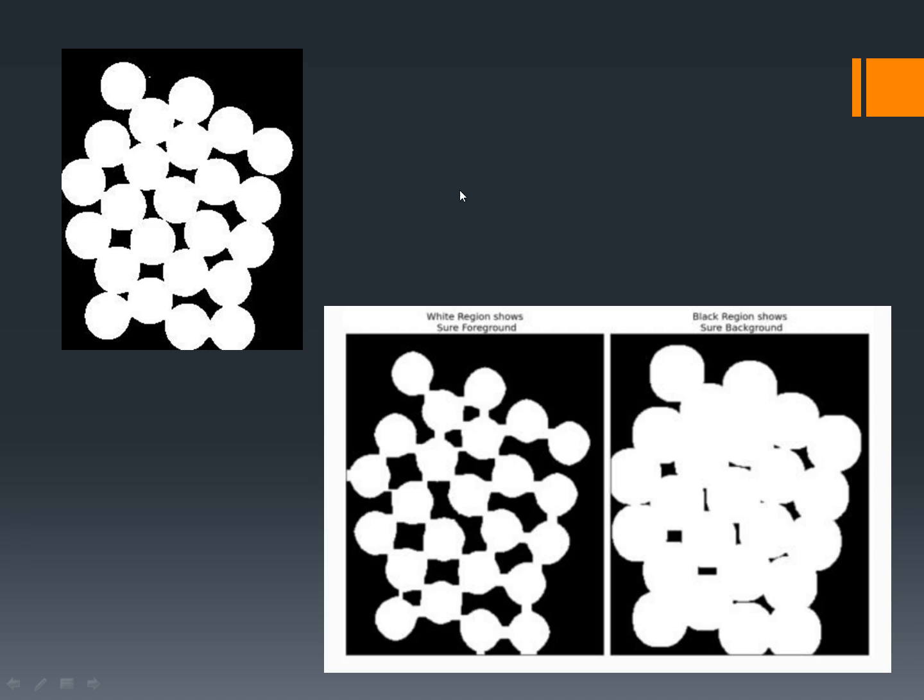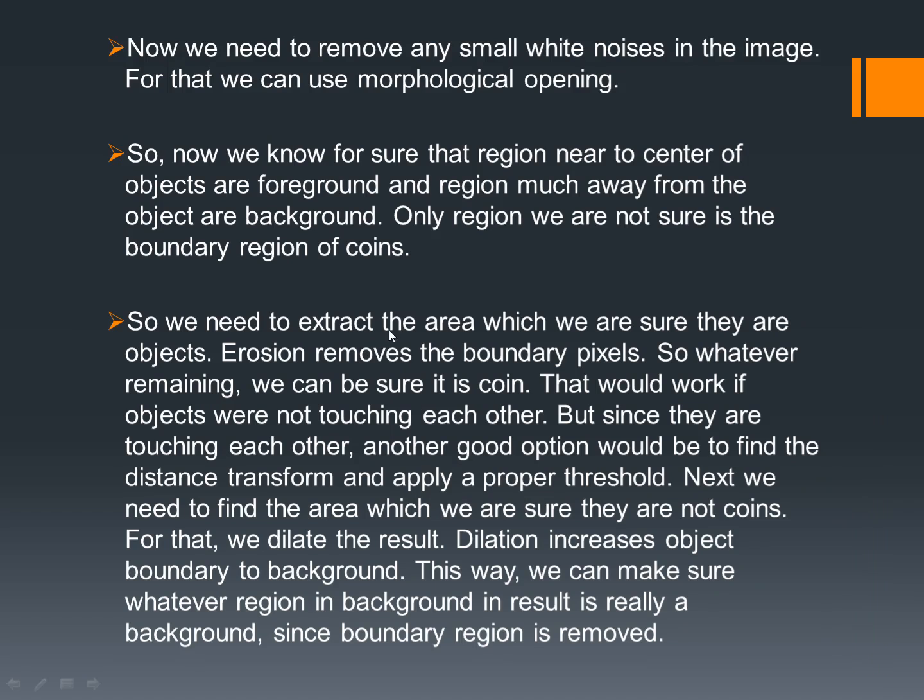Erosion cannot be used whenever we need to find the foreground of touching objects. If the objects are not touching each other, fine, in that case erosion can be used to detect the foreground. But if they are touching or overlapping each other, erosion can't be a solution.